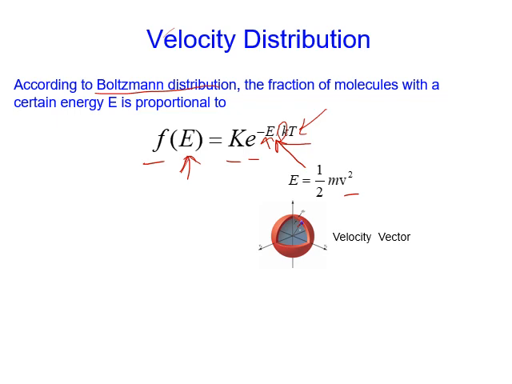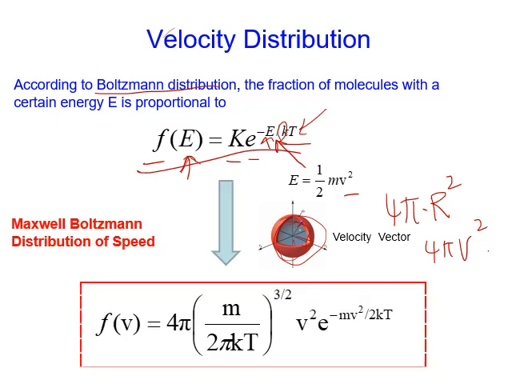In geometry we know the area of a sphere is 4 pi times r squared. The r in this case is the velocity, so 4 pi times v squared. That's the surface area, so that takes care of all directions, and for one direction it is this equation. Plugging these two equations together, we get this equation, which is called the Maxwell-Boltzmann distribution.